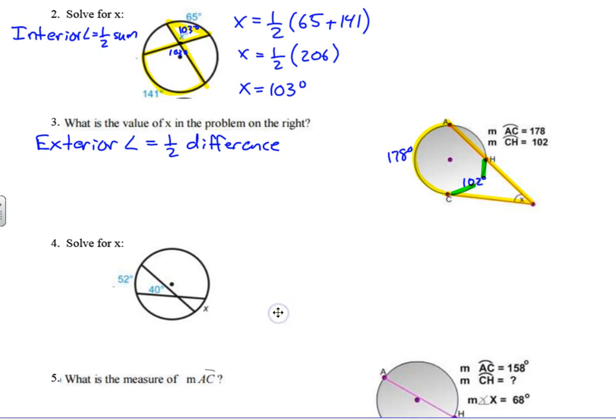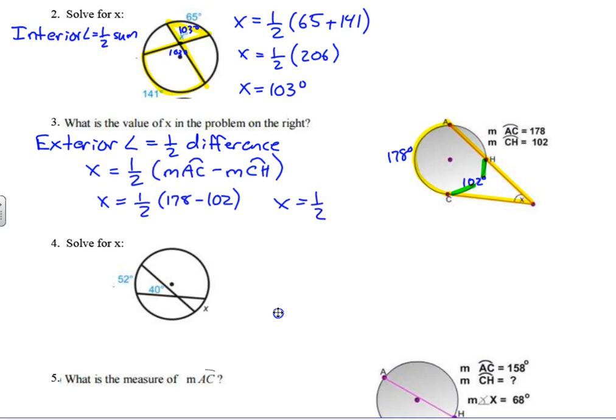If we write that out as a formula, x equals 1/2 the measure of arc AC minus the measure of arc CH. So x would be 1/2 of 178 minus 102. 178 minus 102 is 76, and half of 76 would be 38 degrees.